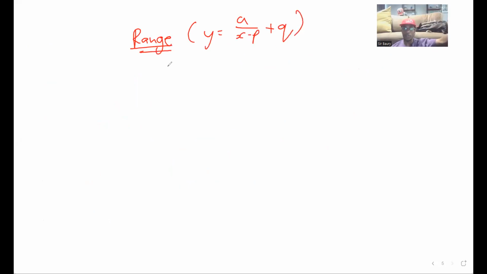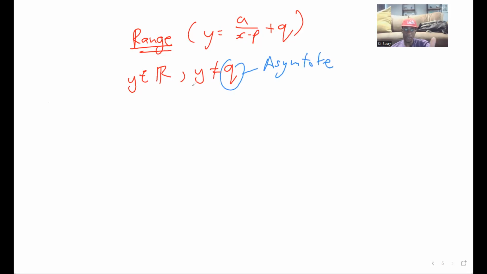Range talks about the y values. It doesn't have any condition: y is an element of real numbers, and y is not equal to q, q being the asymptote. That is the range.